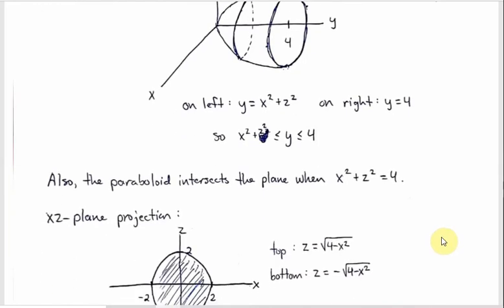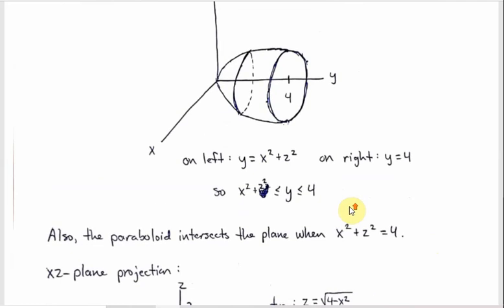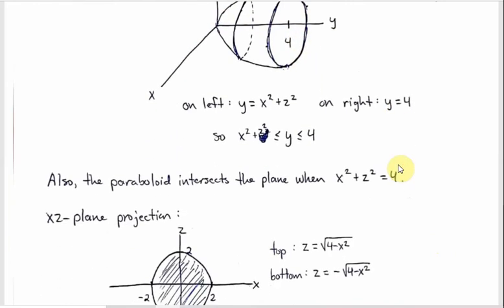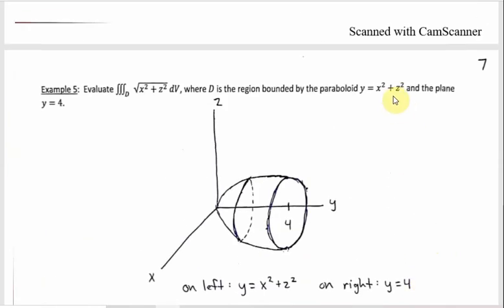Then we're going to have to project into the xz plane. But if you look at this thing, and I know this does not look like much of a circle here, but if you flatten that up against the xz plane, that is what you would get, right? I mean, if it's x squared plus z squared equals 4, which is where the paraboloid and then the plane y equals 4 are going to intersect, right?